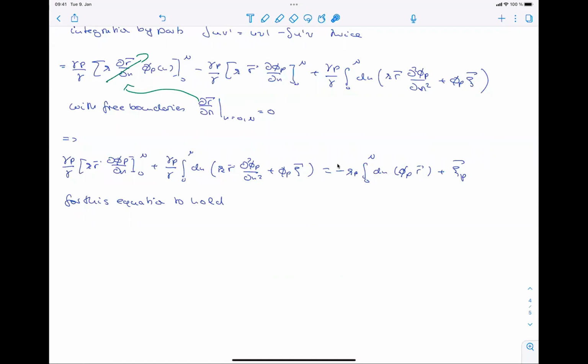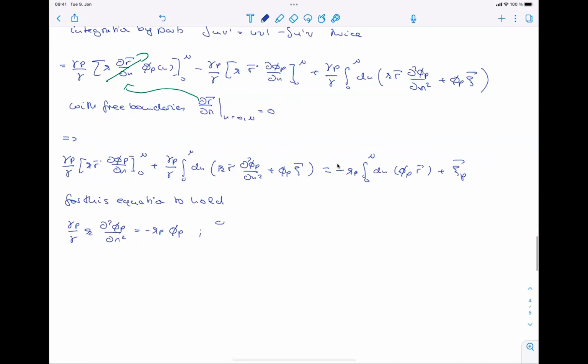Then we can identify this integral with this. Written out in detail, it gives us gamma_p over gamma d squared phi_p over dn squared equal to minus k_p phi_p, the defining equation for the normal modes, and the boundary conditions for the normal modes.